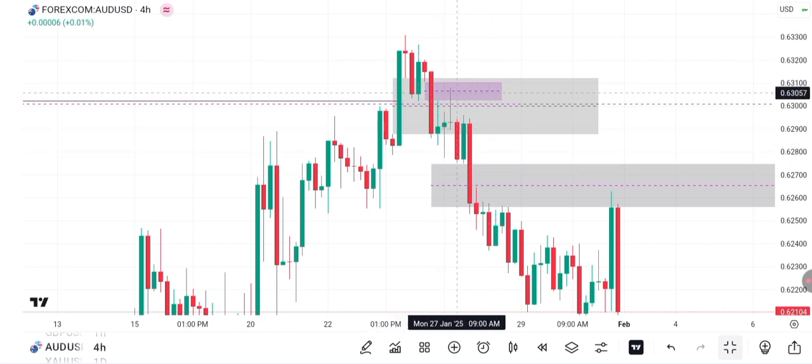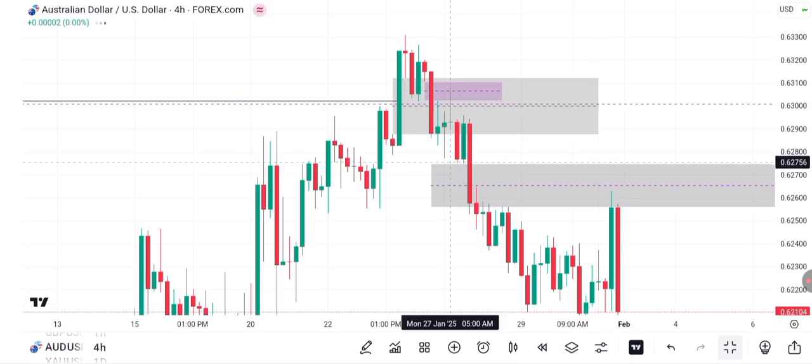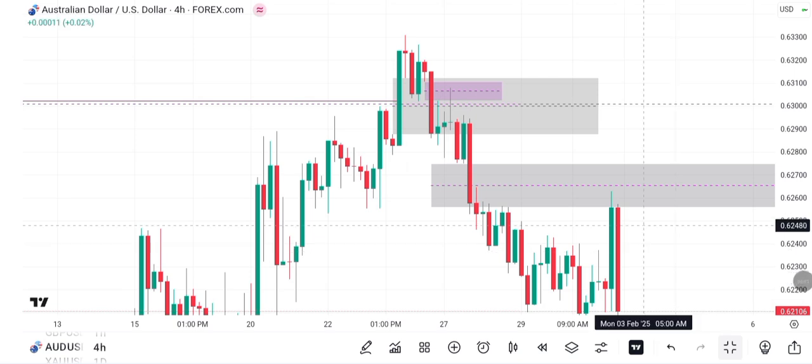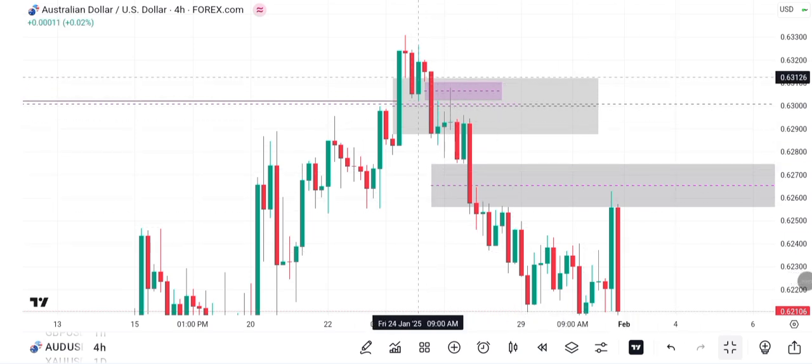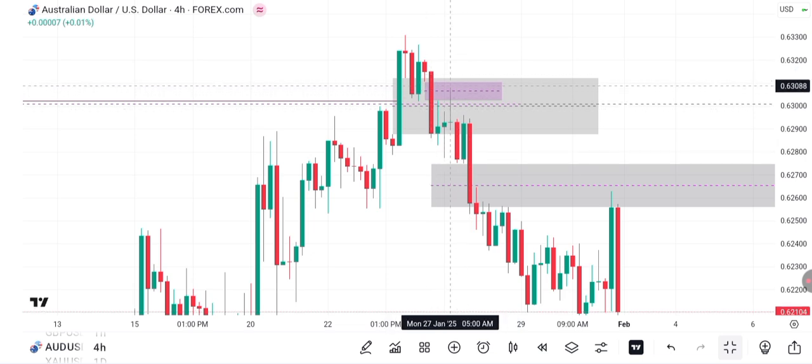Do we understand? So price came into this fair value gap here, invalidated it, and then created a little fair value gap. We can see obviously that price retraced into it and then continued to what? Blow down.